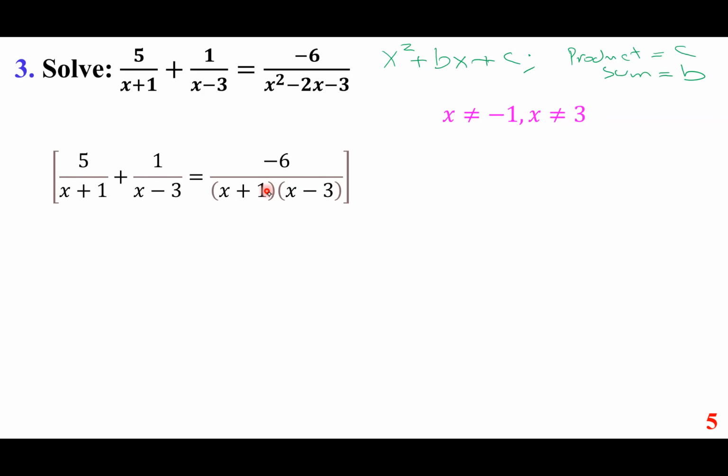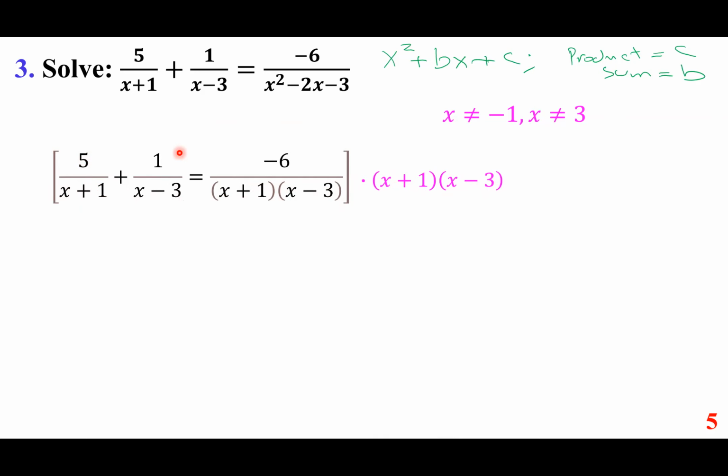Now, the fastest way is to multiply by the LCD. What is the LCD? The product of these two or these two. Now what happens? What does this mean? It means we're going to multiply each fraction by this. So if you multiply this fraction by this, x plus 1 goes away, you get 5 times x minus 3.